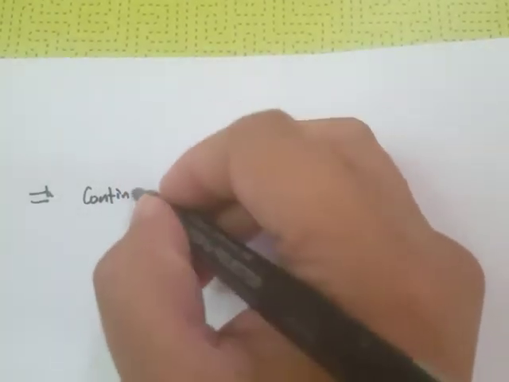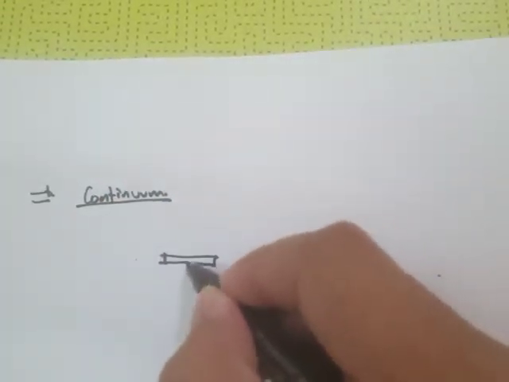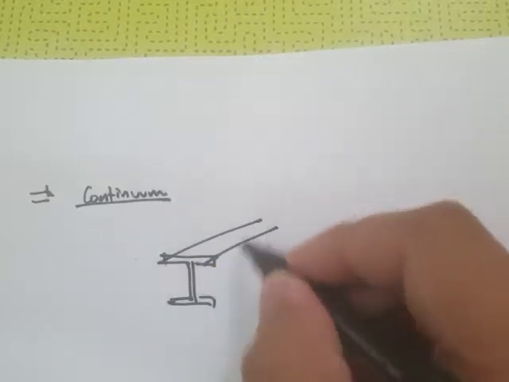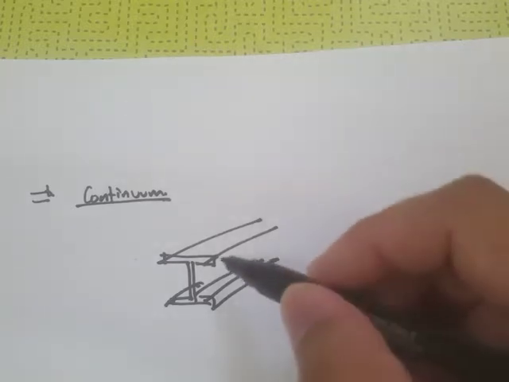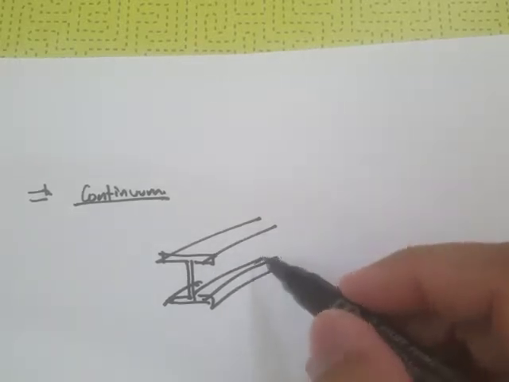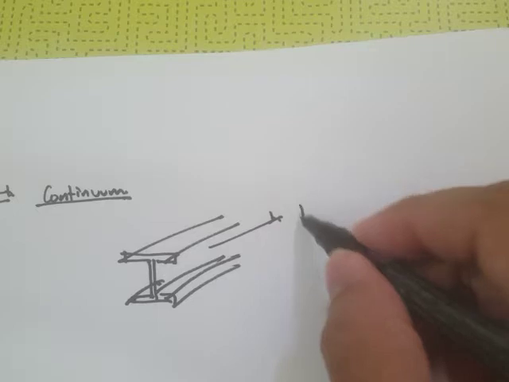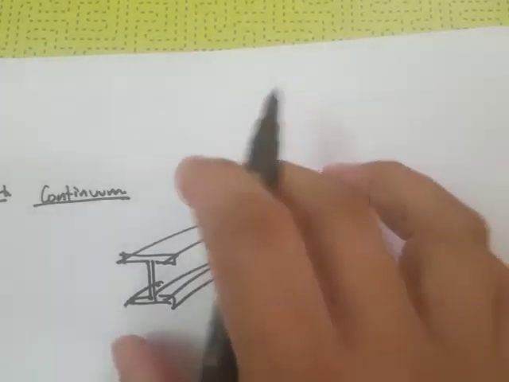So to start, it must be understood that in the study of mechanics, we assume that the body is a continuum. That means, for example, if I have an I-beam right here, no matter how small, or how many times I divide this material, I don't get into the atomic structure of this steel I-beam.